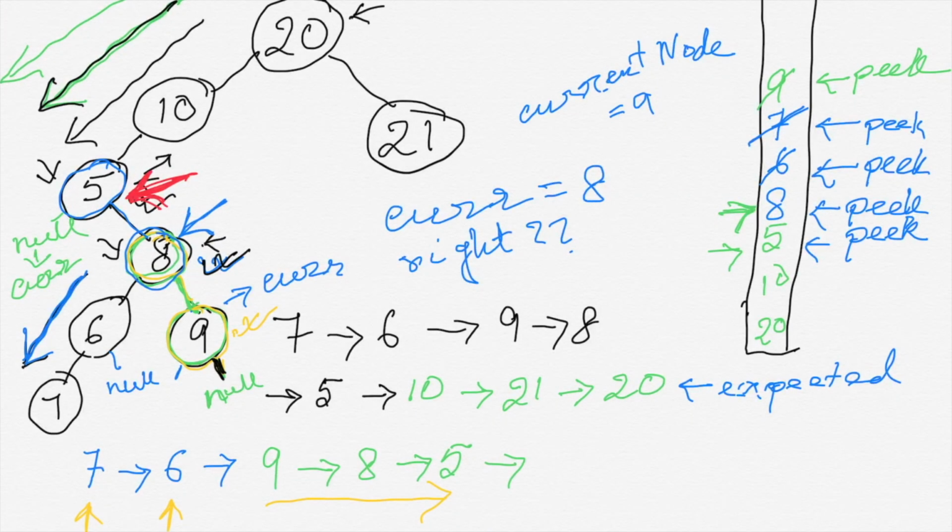Anytime we see that the right child of a node is null, we should try to look for a chain like this, a right path which has a chain of nodes.